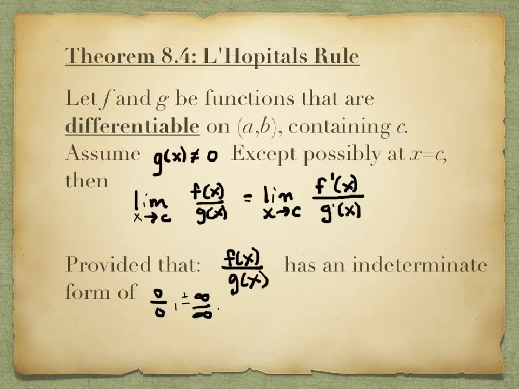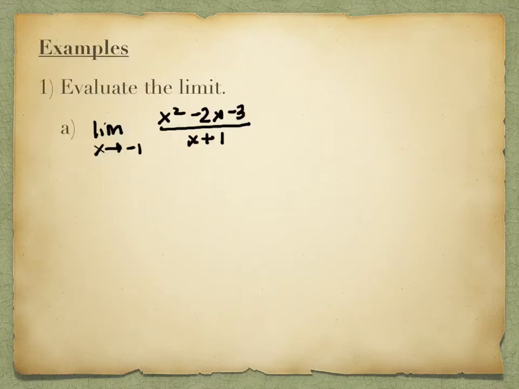Okay, so let's take a look at an example. We have a limit as x approaches -1. And in order to use L'Hopital's rule, we have to test what would happen if we tried to plug in -1 to all the values of x. So if you plug in -1 on the bottom, what do you get? You get a 0 on the bottom. If you plug in -1 on top, what do you get?